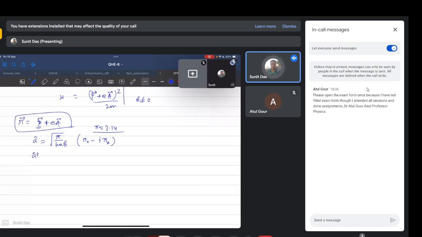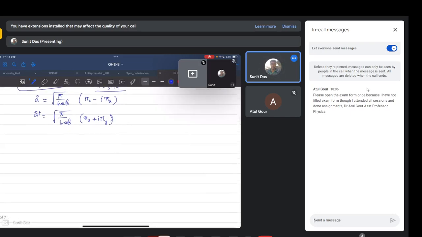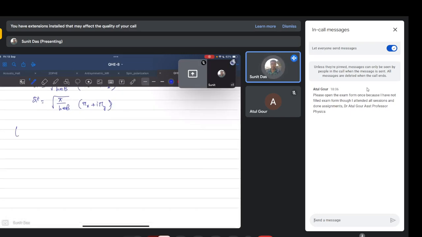And then A dagger, which is the raising operator, is pi x plus i pi y. Now if we do the commutation of this, this is similar to what we have done in simple harmonic motion in quantum mechanics, the harmonic oscillator.